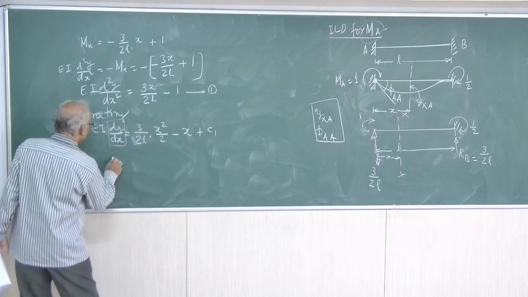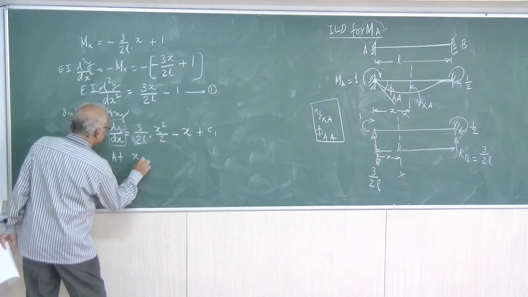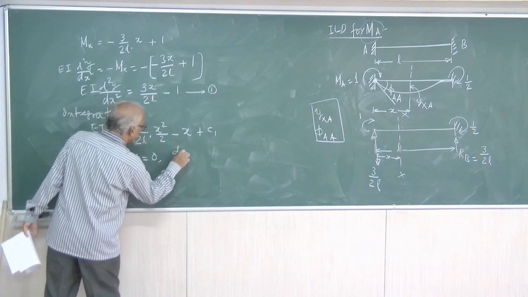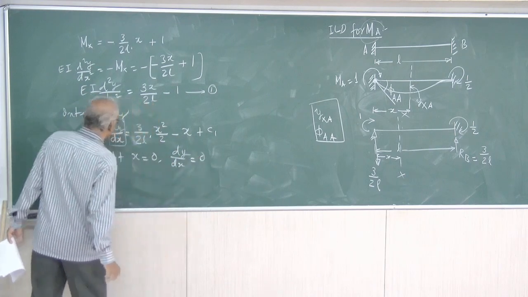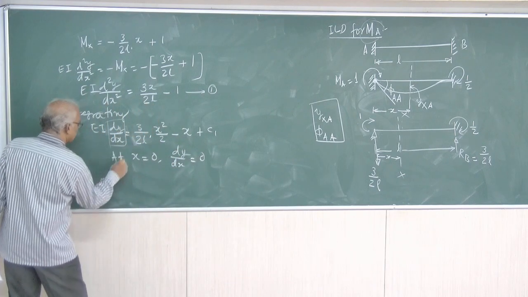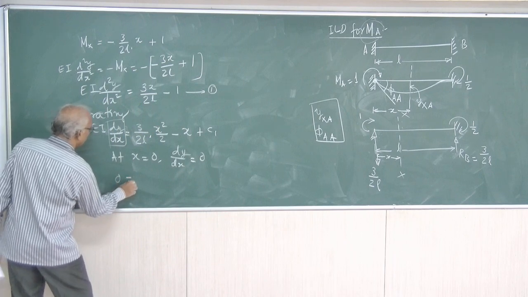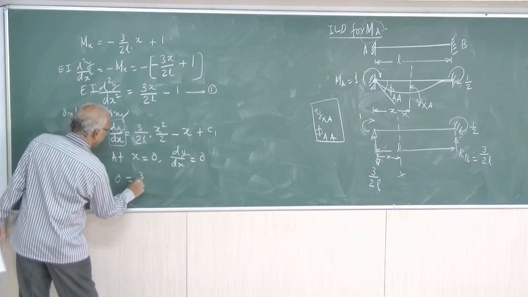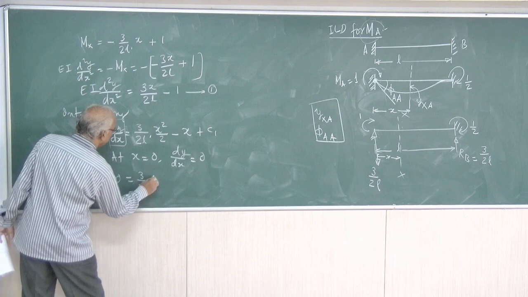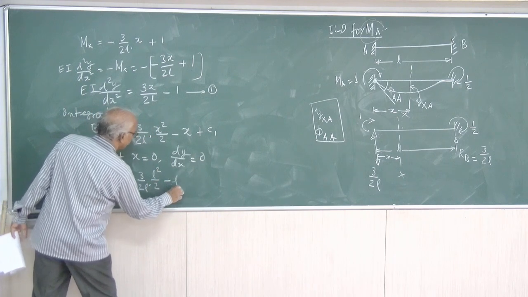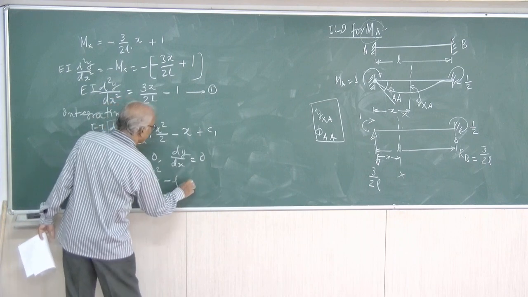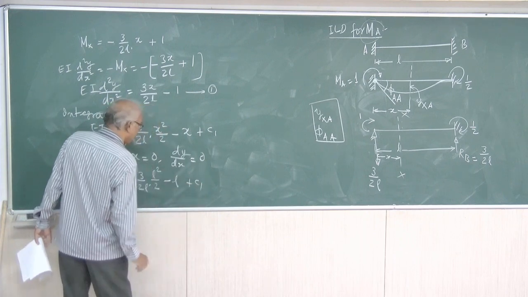Therefore, at x equal to L, dy/dx equal to 0. Substituting in this equation, 0 equal to 3 by 2L into L square by 2 minus L plus C1.